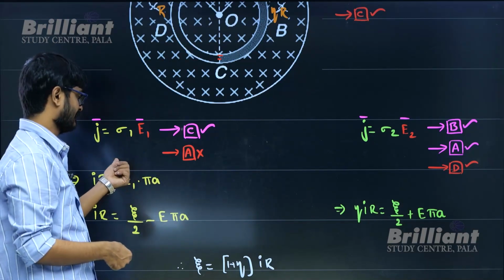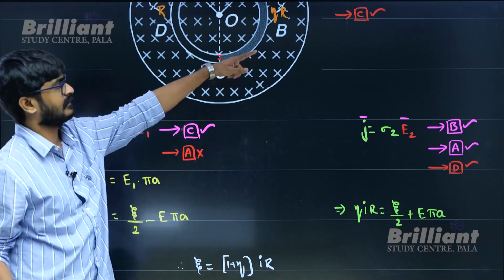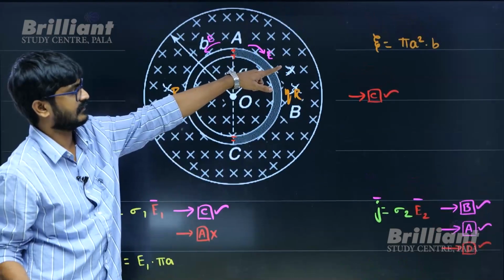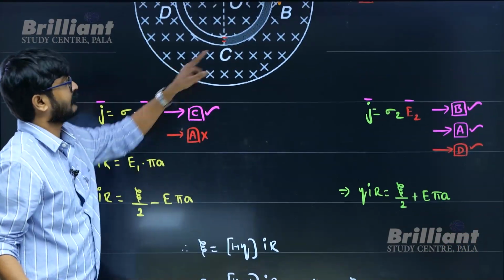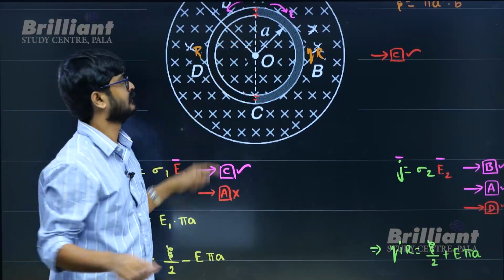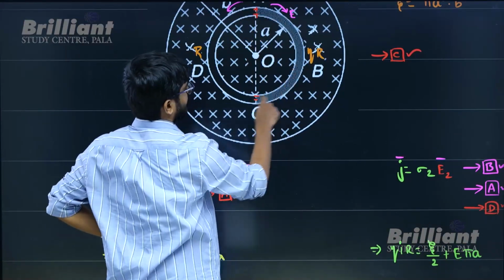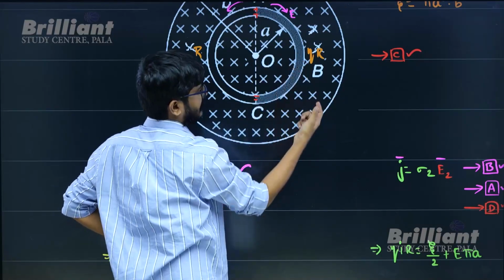Induced electric field into pi A will give us EMF, that EMF because of induced electric field. For the full loop it is E, so for half loop it is E by 2, for quarter loop it will be E by 4.